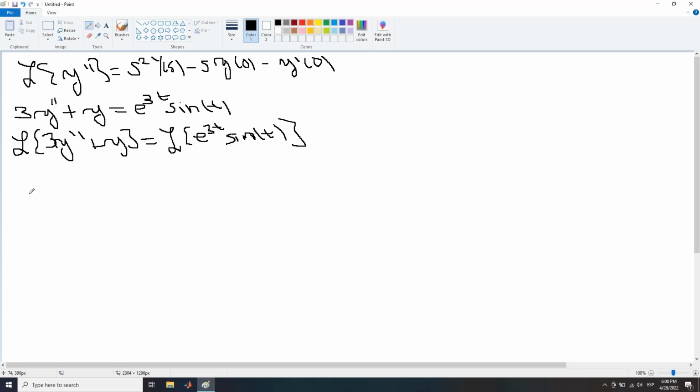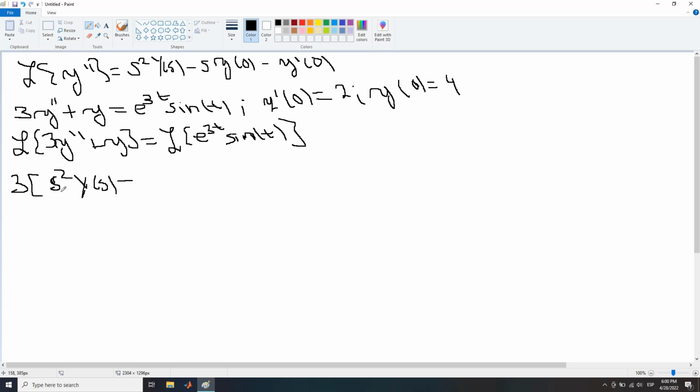Here we have a second derivative, so this will be equal to 3 times s squared y of s minus, sorry, the initial conditions I didn't set them, so let's say that the initial condition of the first derivative is equal to 2 and the initial condition of the function is equal to, let's say, 4.